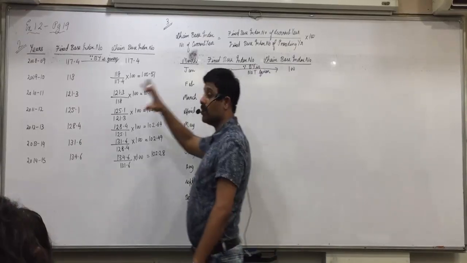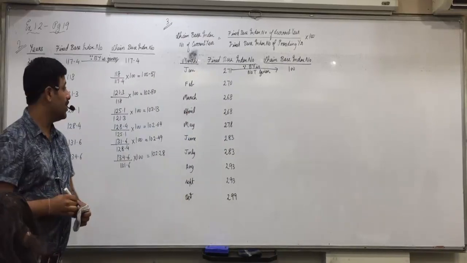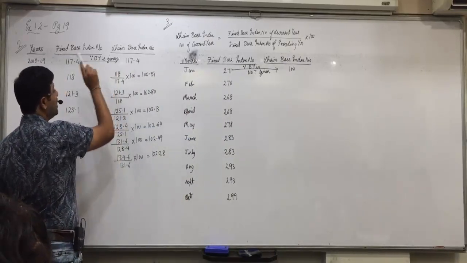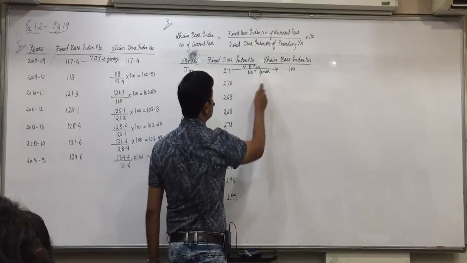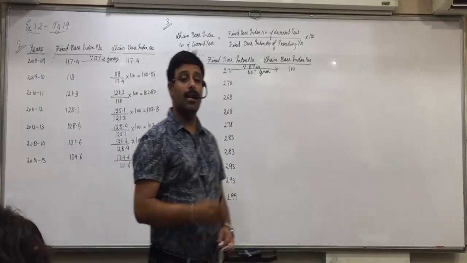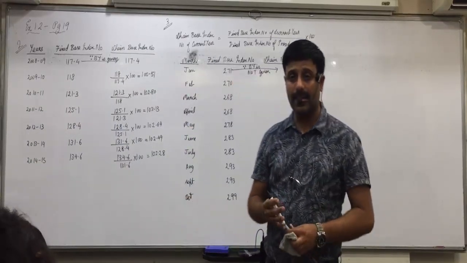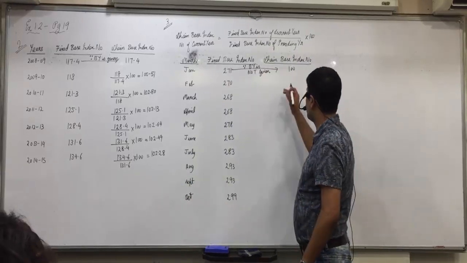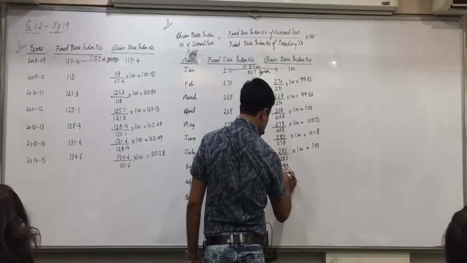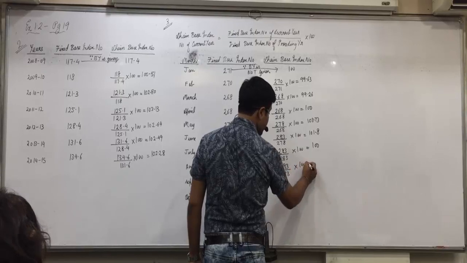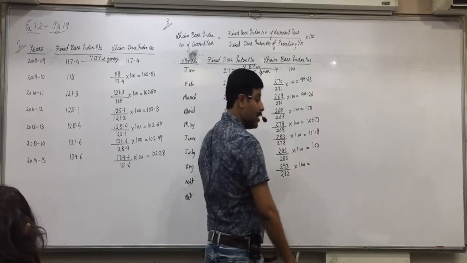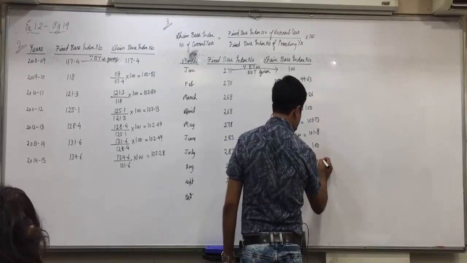So whenever you revise the two questions, you'll be able to understand why. Here we have taken 117.4 because base year is given. Here we have taken 100 because base year is not given. Now the same formula as we did earlier. Vrunda. 293 divided by 283, 283 into 100, 103.53. Yes, 103.53.